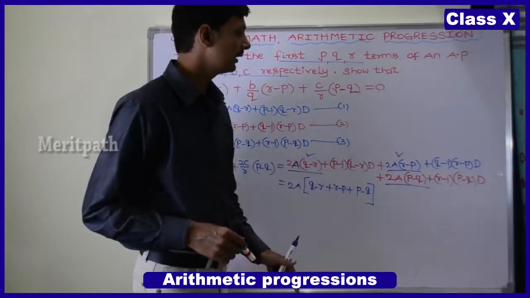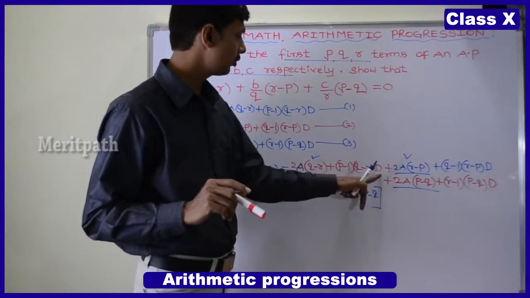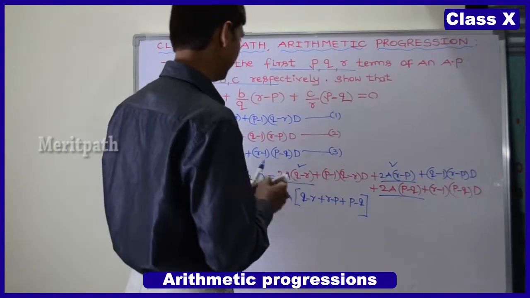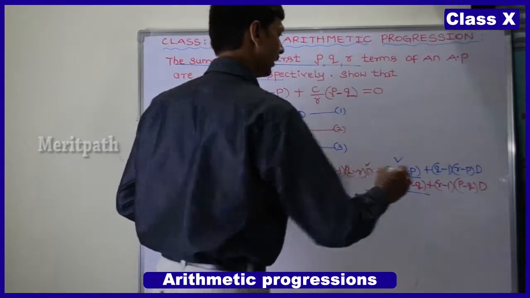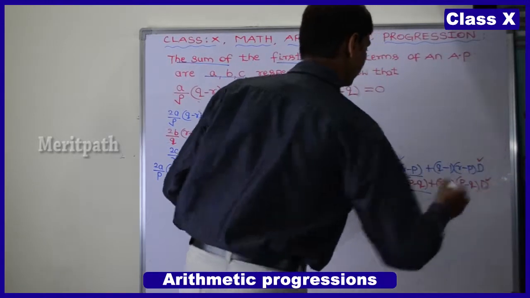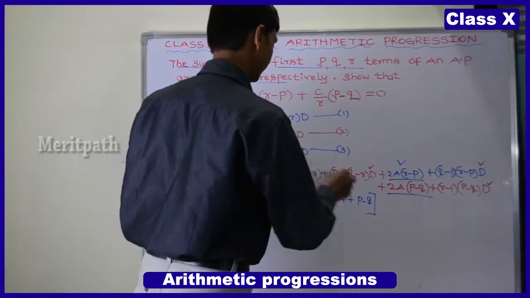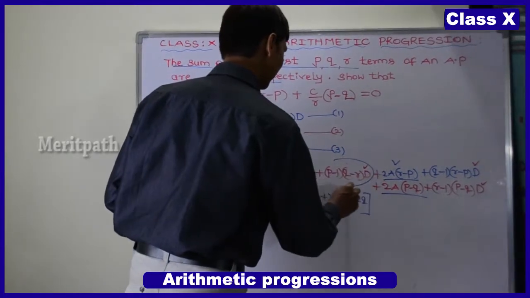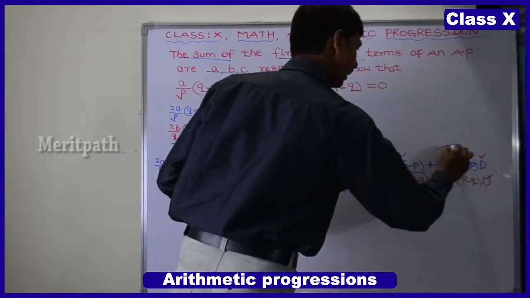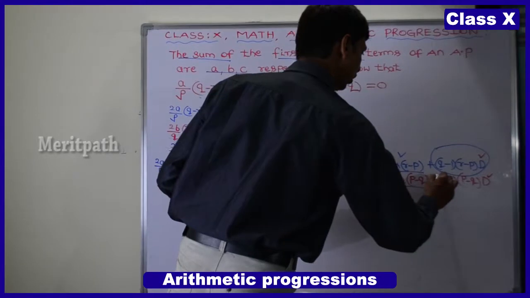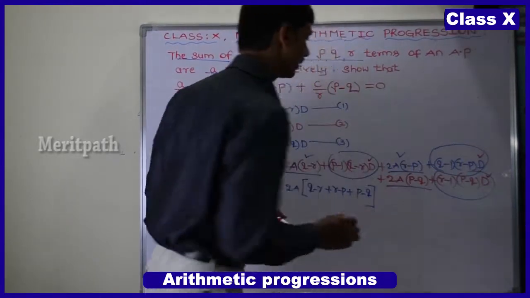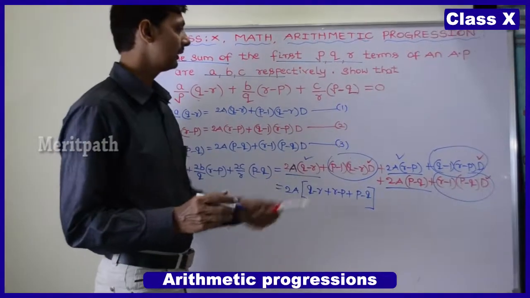All the terms are different, but there is one term in common, that is D. There is a D here, and also D in these three terms. So let us take D common in these three terms.